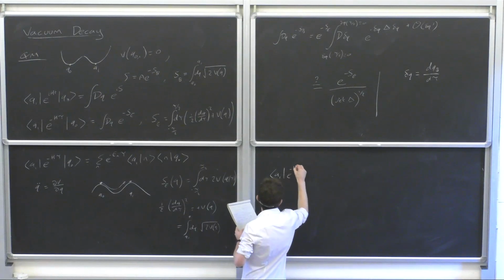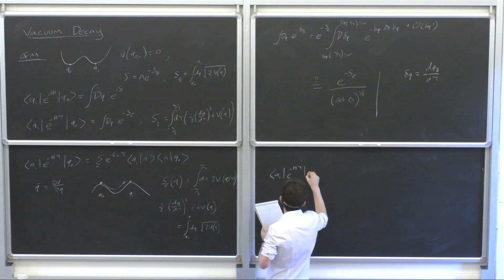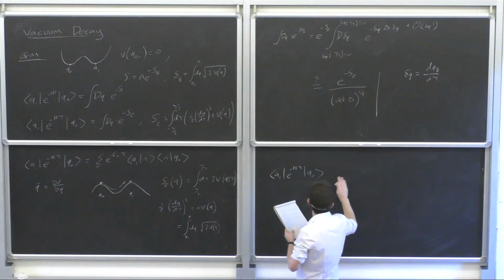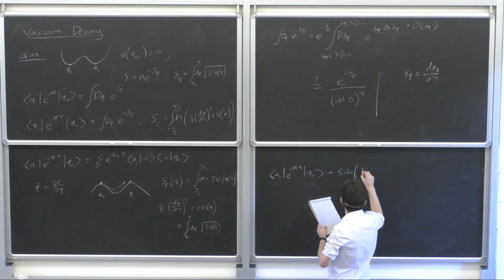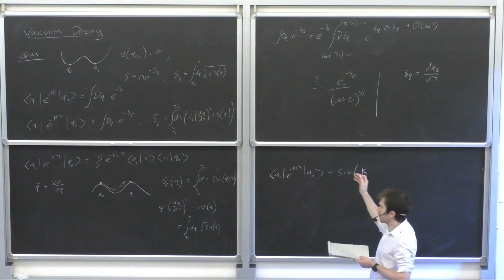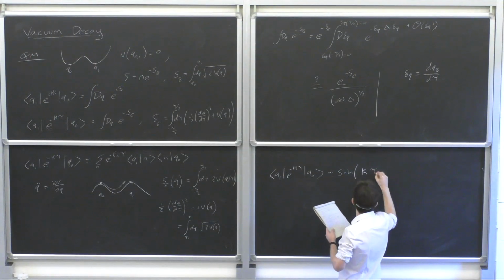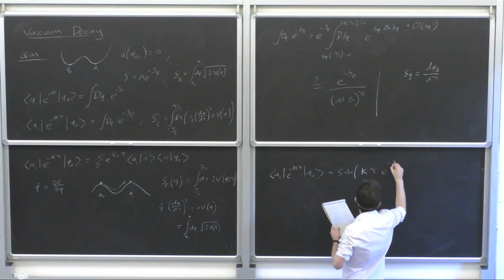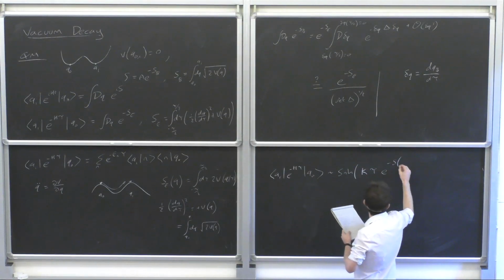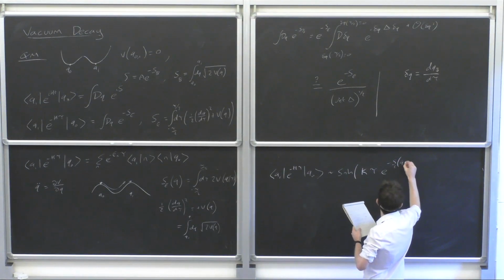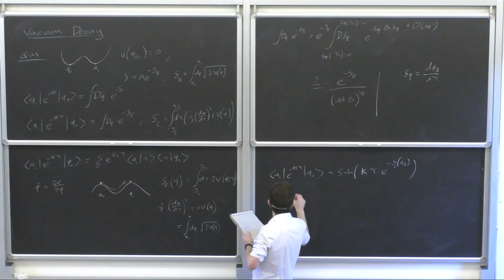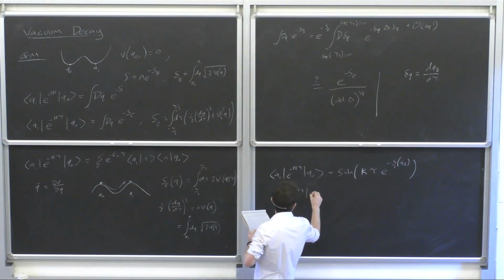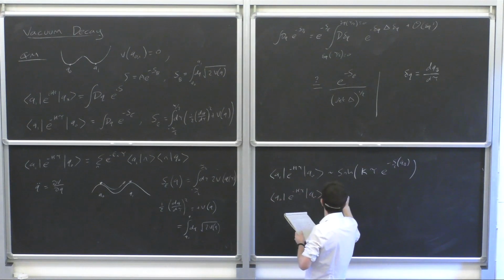Q1 e to the minus h tau Q0 goes schematically as hyperbolic sinh of some number k, which I'll say just includes all of the stuff with the determinant, times tau, then e to the minus S evaluated on this action. And a very similar calculation that you can check is that Q0 e to the minus h tau Q0 goes as cosh.